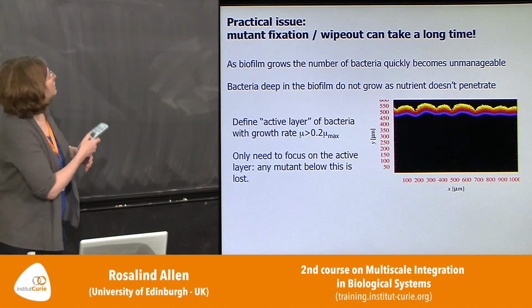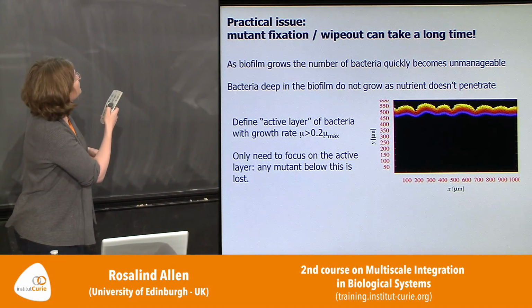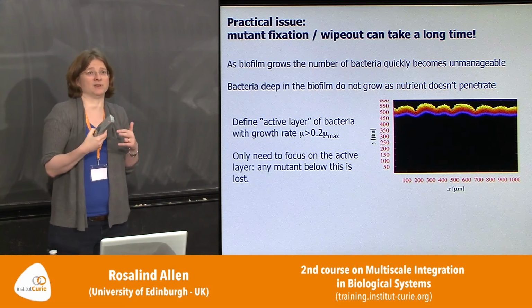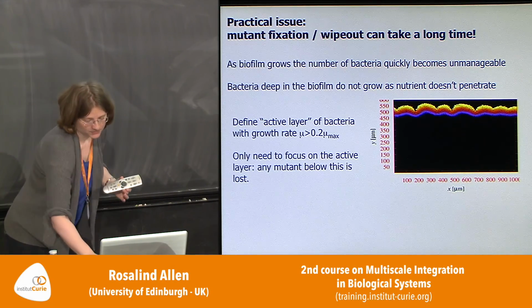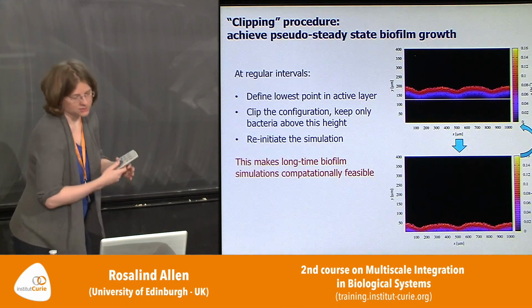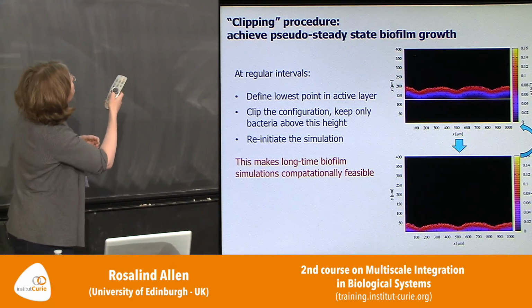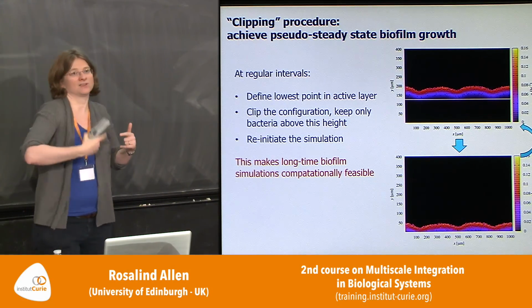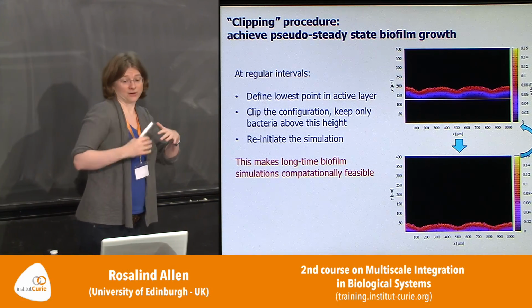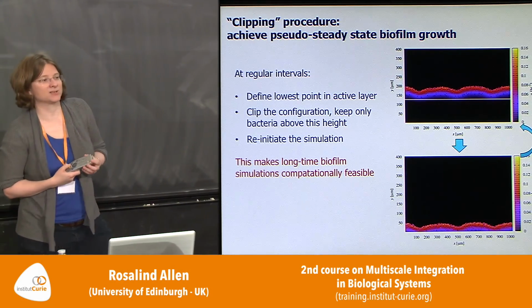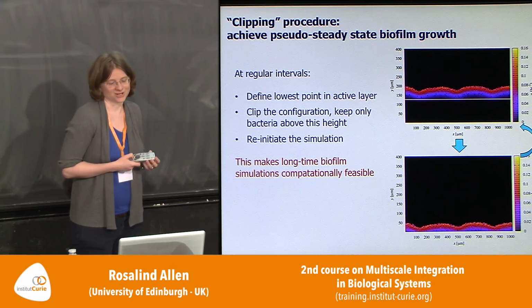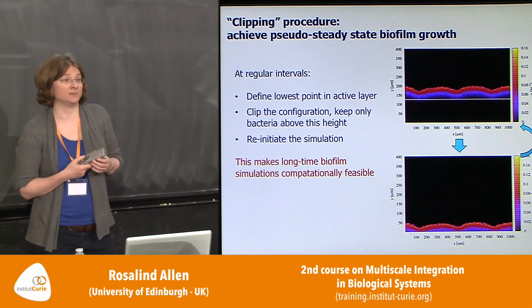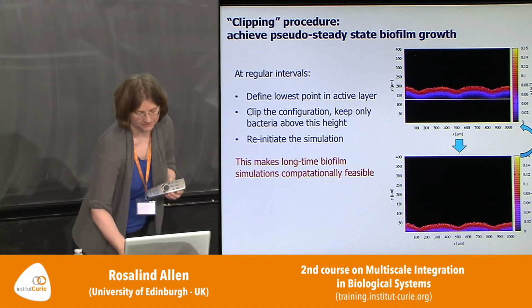So periodically in our simulations we define the active growing layer, which is the bacteria which are actually growing and reproducing, and we chop it off at its lowest point, and then we simply reinitiate the simulation using only the growing layer. This is a bit of a brute force approach, but the advantage is it makes it feasible to do a really long time simulation of these biofilms, and that's why we do it.